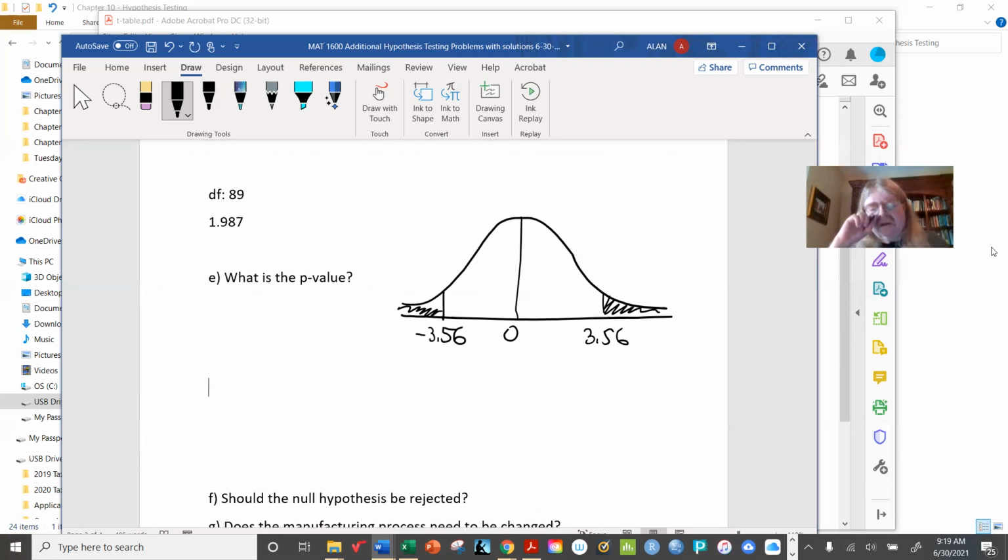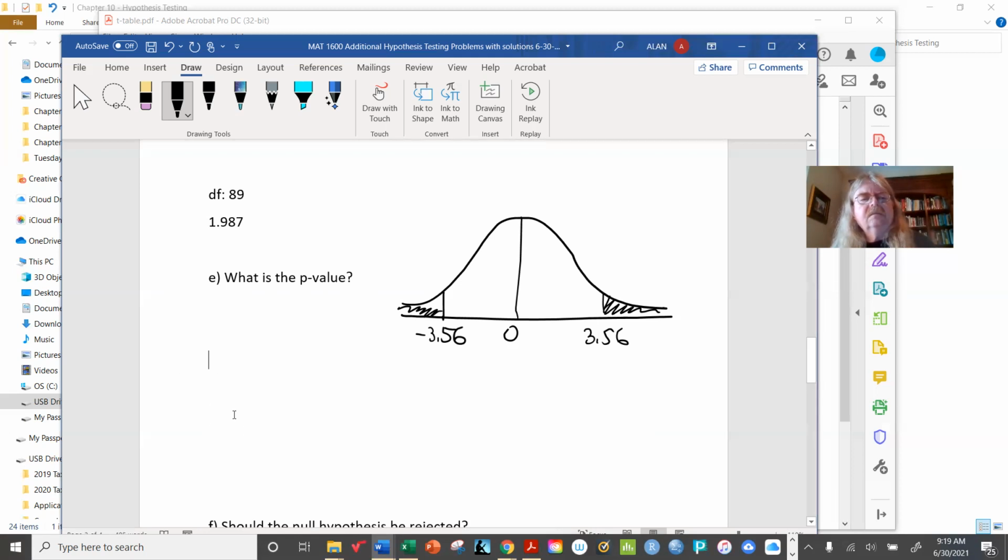So what you can do then is go to your calculator. You can do this in a couple of different ways. If you go back to second vars, the function that you actually need is called tcdf, and it's going to ask you for the lower limit, which is in this case negative second comma 99 for negative infinity.